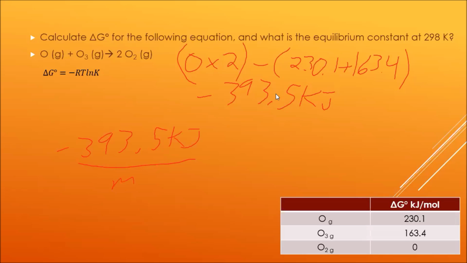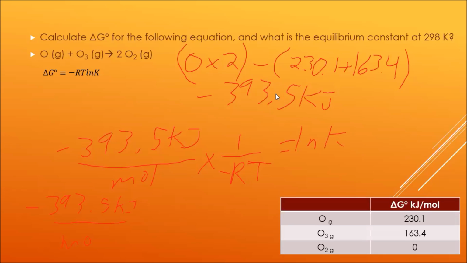So how do you solve for K? You have to get ln K by itself first. So I'm going to divide by negative R and negative T. This is where you want to be careful so that our units stay there. The negative 393.5 kilojoules per mole.